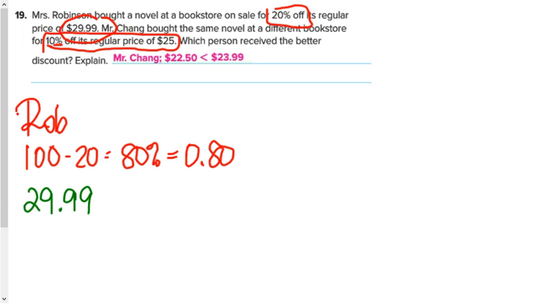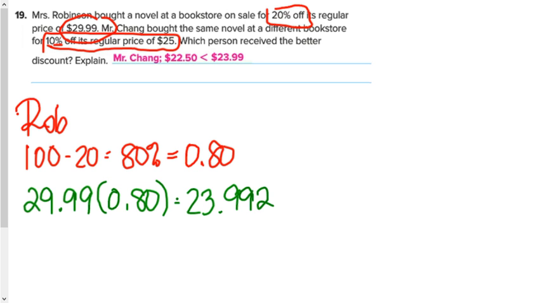So $29.99 times 0.80 equals, we're going to have to do some rounding. It came out to 23.992. And just remember that if we're rounding, it stops at 2 decimal places. The 2 makes the 9 stay the same. So she actually only pays $23.99.